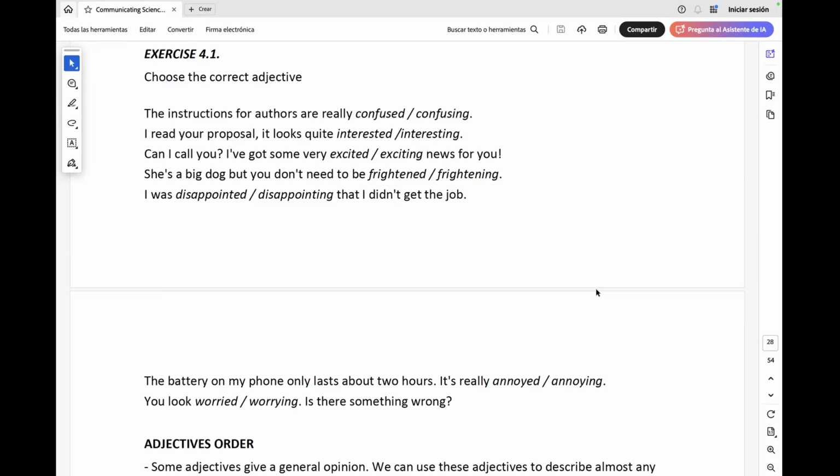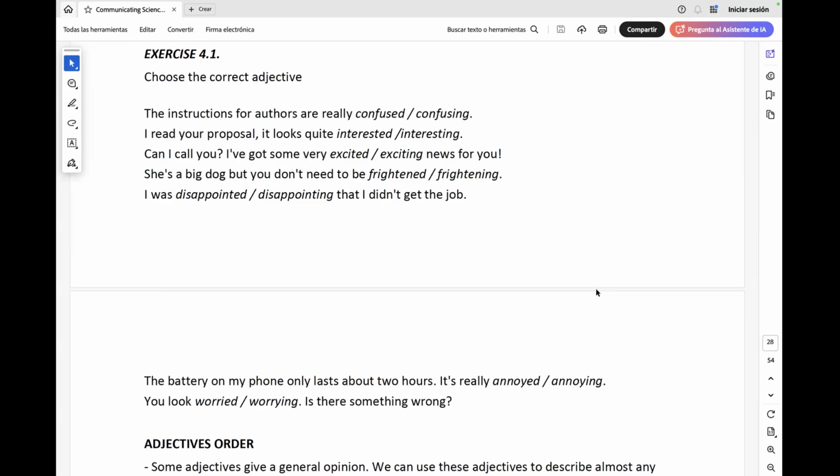It's about a feeling about the dog. Yes, correct. It's not a thing. It's a person, so she. Yes, it's an emotion, a feeling, and there's something that is causing you to be frightened. In this case, this big dog. Okay, thank you.